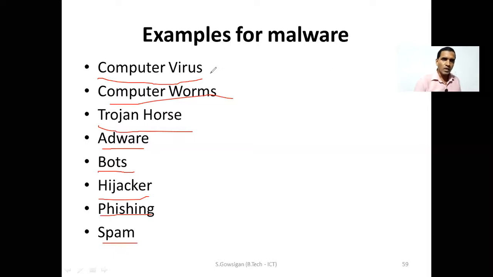Even if one virus is in your computer, it is dangerous. What happens if it creates so many copies? It's too dangerous, right? So that is the most important characteristic of a virus: replicating itself, right? It has the ability to replicate into multiple copies.